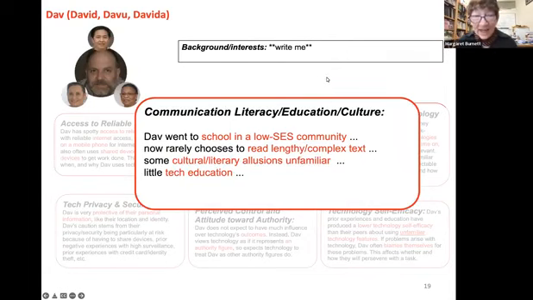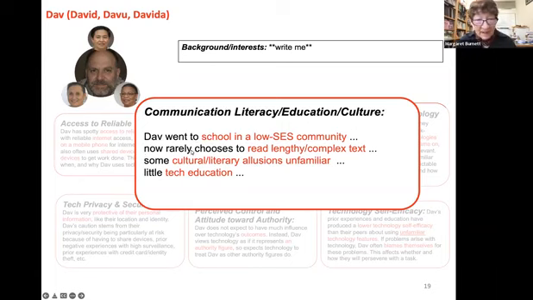Okay, let's look at another facet: communication, literacy, education, and culture. So this one is slightly less obvious than the access to reliable tech was, but not so unobvious either. So Dav went to school in a low SES community. Schools in low SES communities are typically under-resourced, and that affects the quality of education and the types of education that Dav experienced.